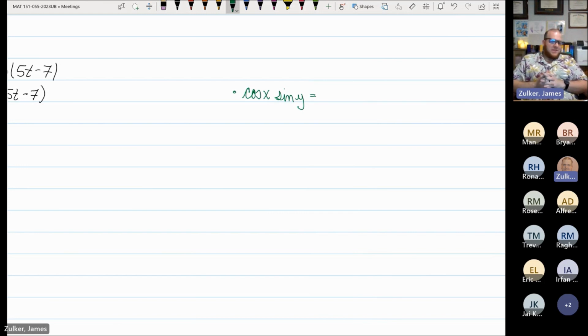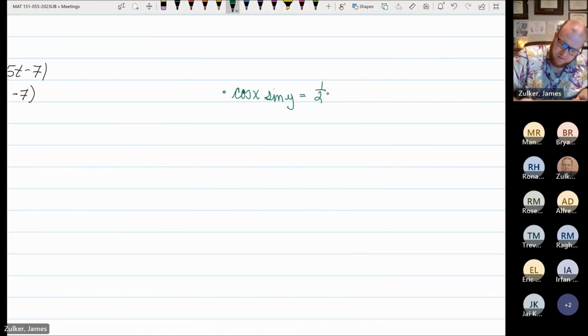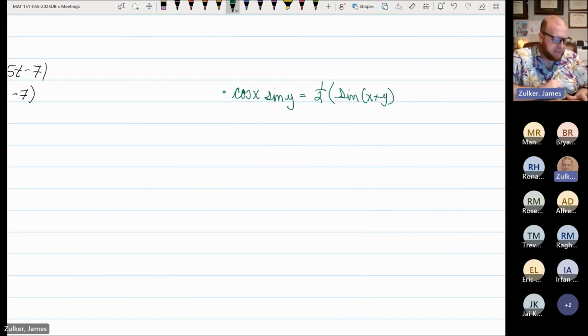Identity for cosine of x times sine of y. It's 1/2 times the quantity sine of x plus y minus sine of x minus y.